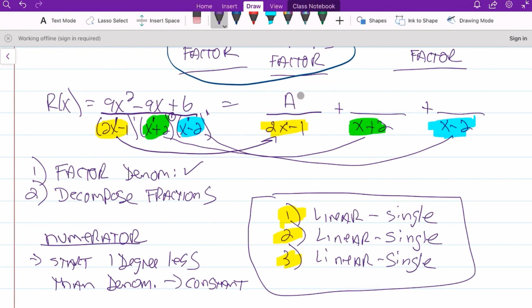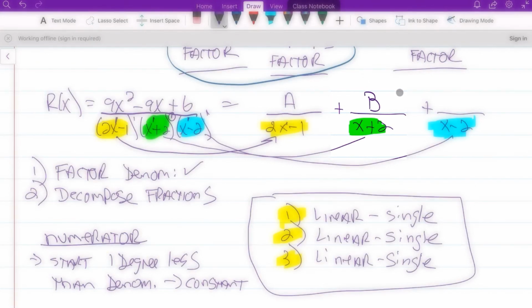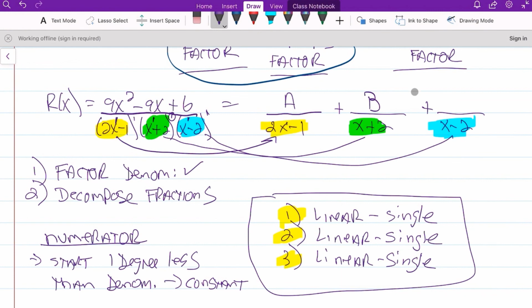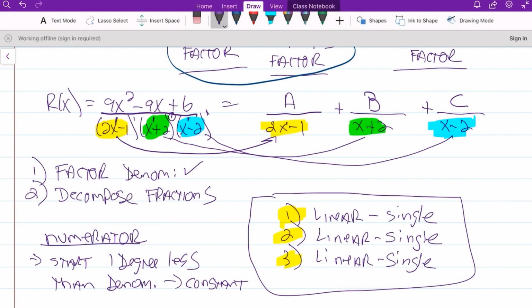Well, I start with a constant, so I'm pretty much ending with a constant, so I don't have to do anything else with this fraction. And you're going to go to the next fraction. You're going to continue with the alphabet, so you're going to go to B. You do not repeat your letters in any of your fractions. And then the next fraction also has a linear factor, so we're going to go to C. And so on and so forth.